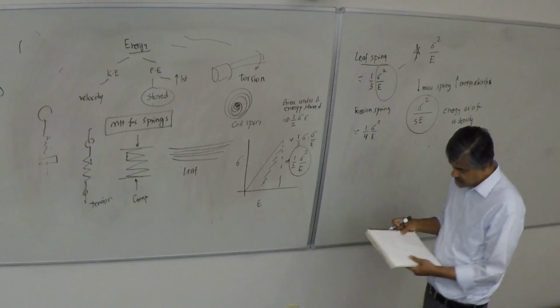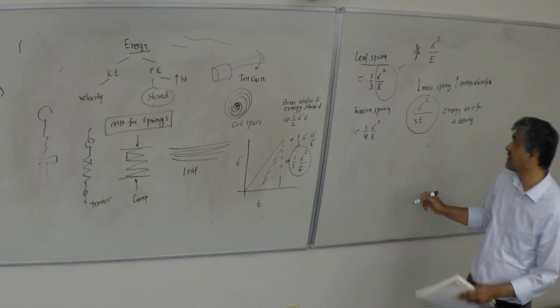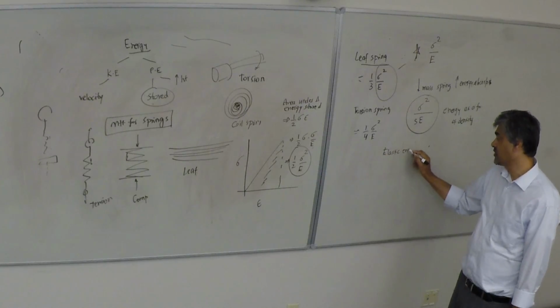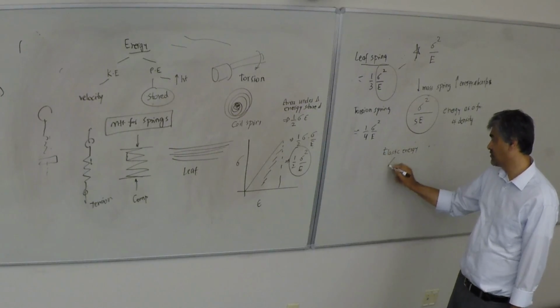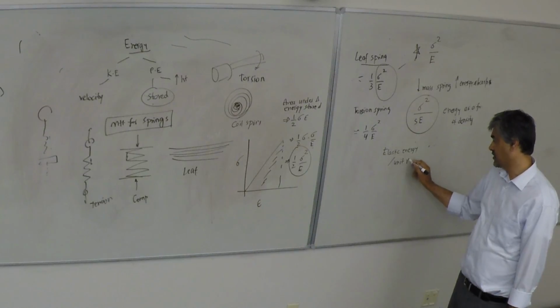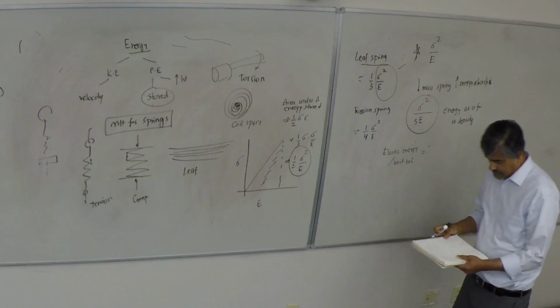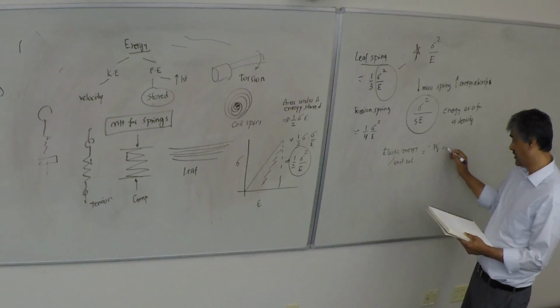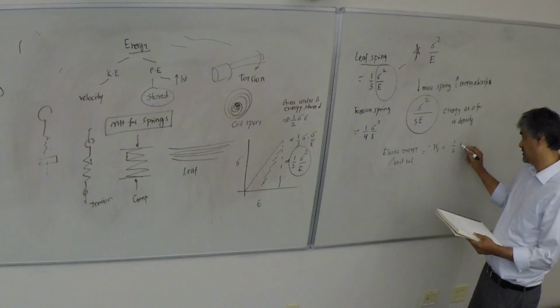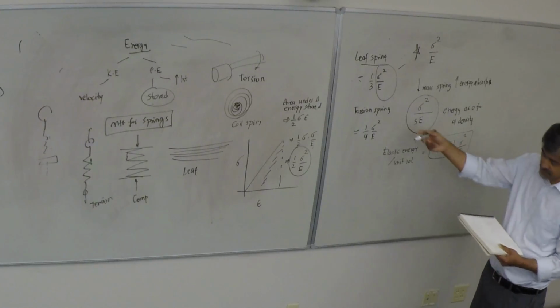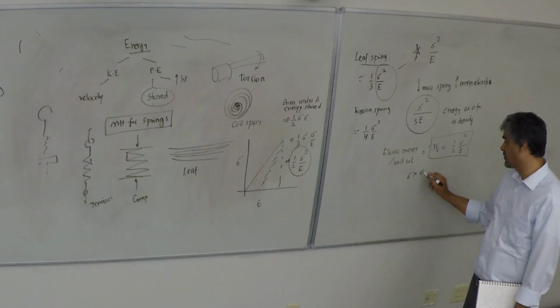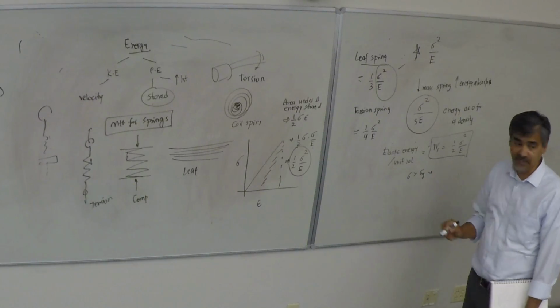So elastic energy per unit volume, like I said, is given by W sub V as 1/2 sigma squared over E, which is what I just said all along here. So if sigma becomes greater than sigma Y, that means you're no longer in the elastic region, correct?